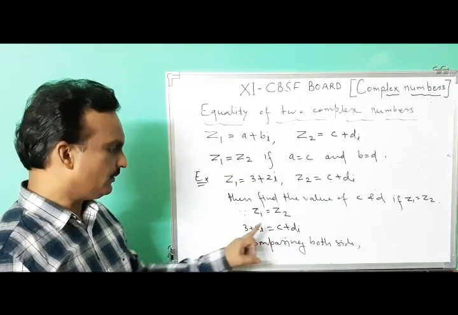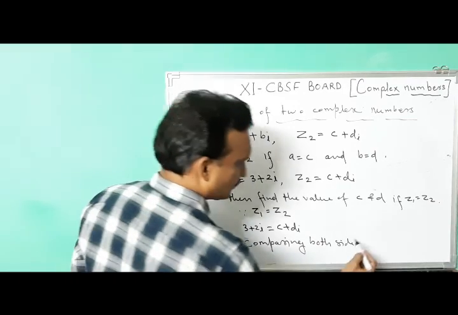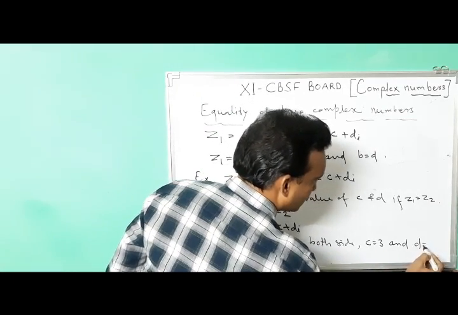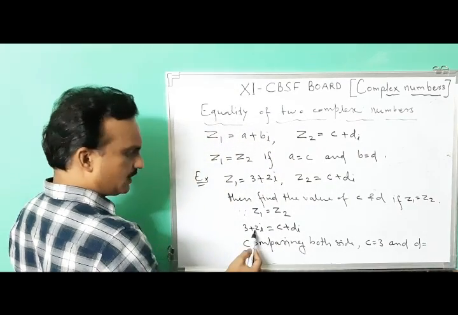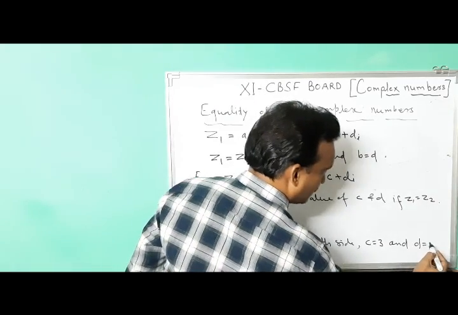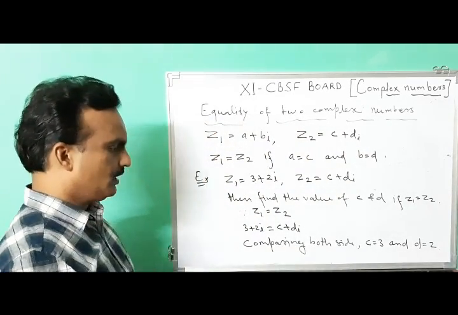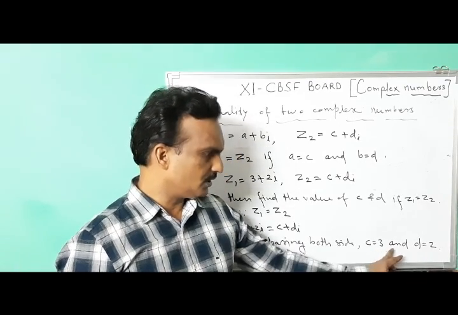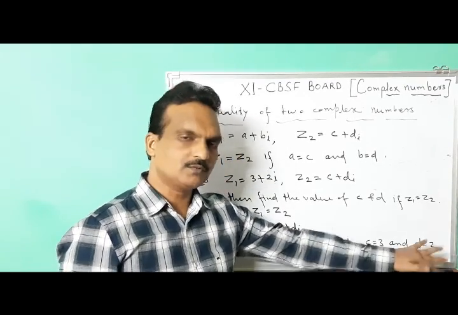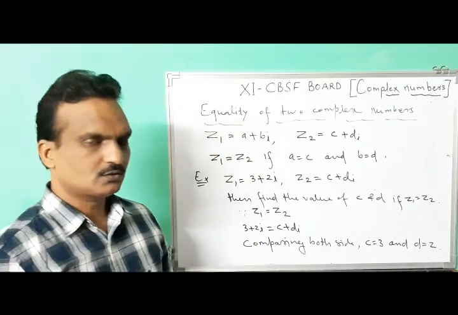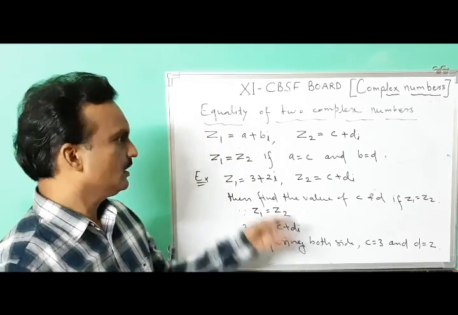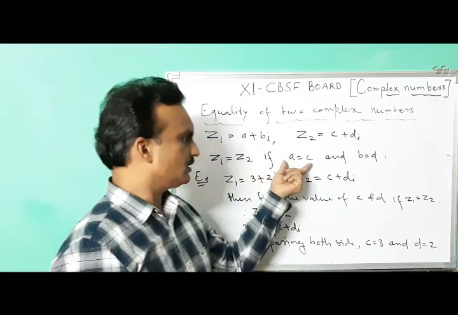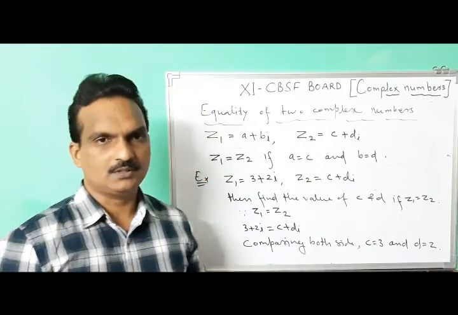At the place of C, here you have 3. So C is equal to 3 and D is equal to, at the place of D, here you have 2. So D is equal to 2. In this way, you can find out the values. So understood the condition of equality? Two complex numbers are equal if and only if A is equal to C and B is equal to D.